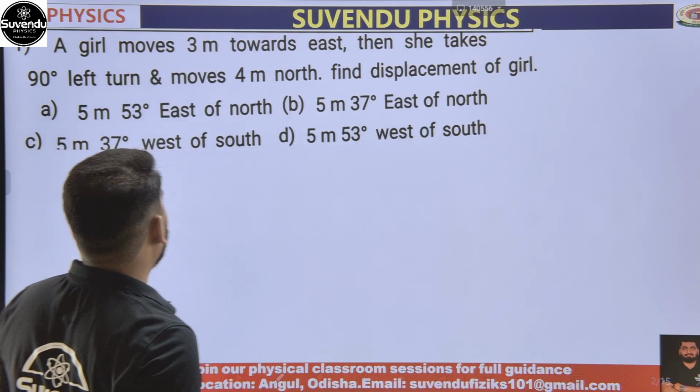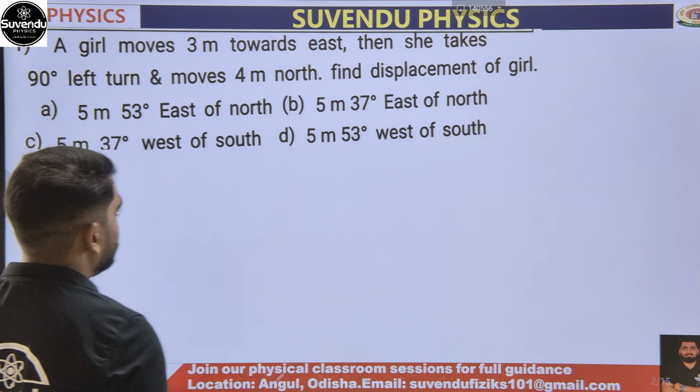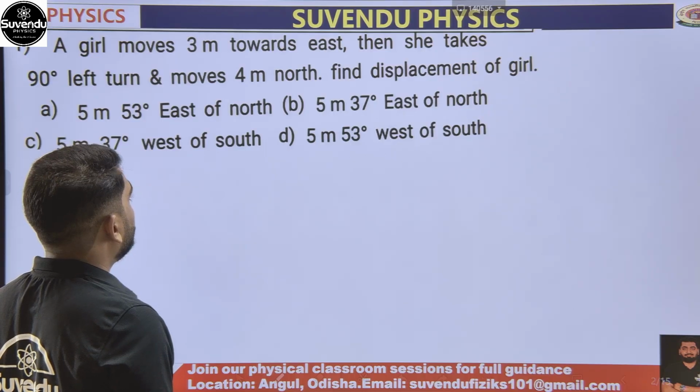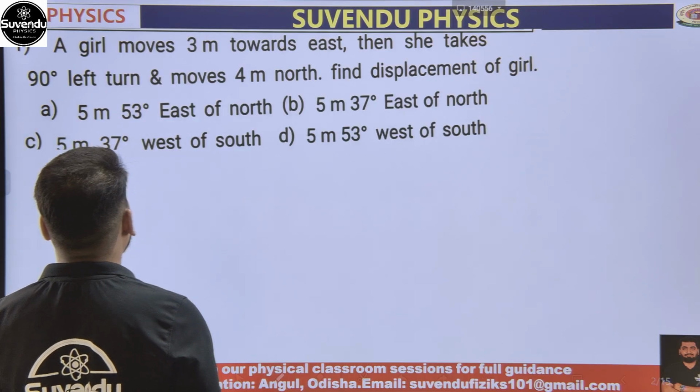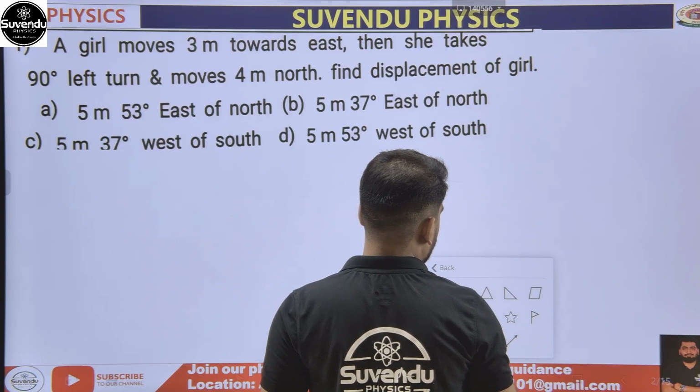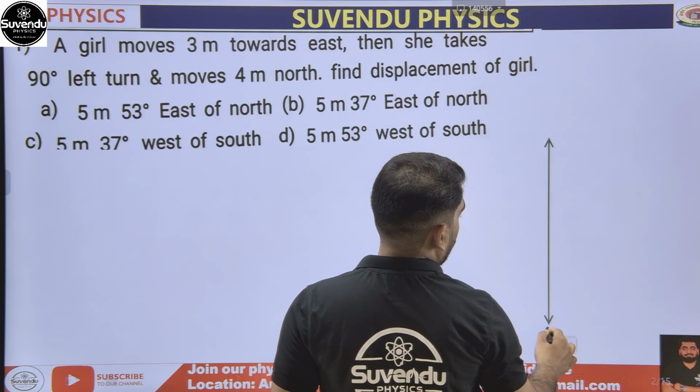So our question is, a girl moves 3 meters towards the east and then she takes a 90-degree left turn and moves 4 meters north. As per the question, let's draw this diagram.